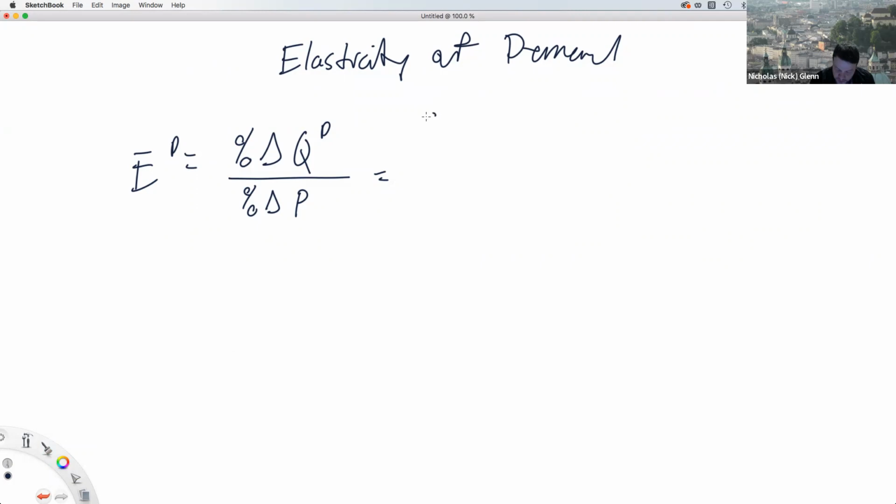Well, this is just the new quantity demanded, you subtract the old quantity demanded from it, and then divide by the old quantity demanded. And that'll give you the percent change in quantity demanded.